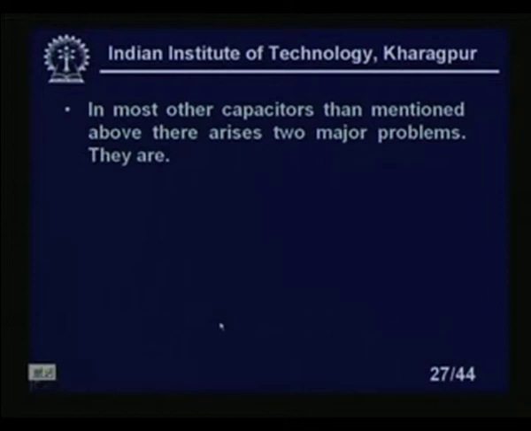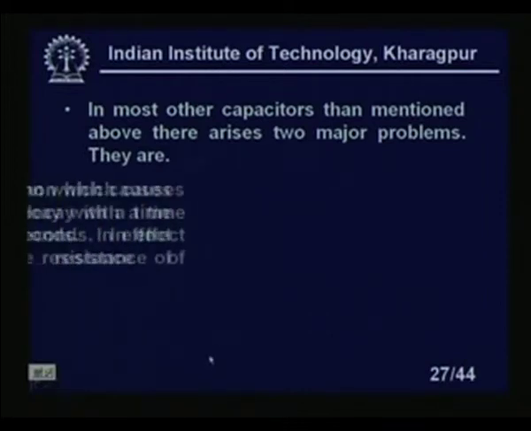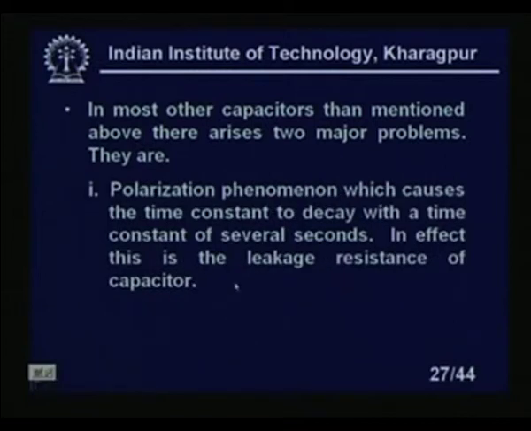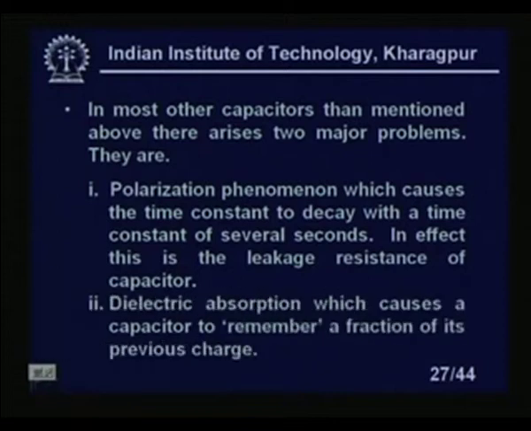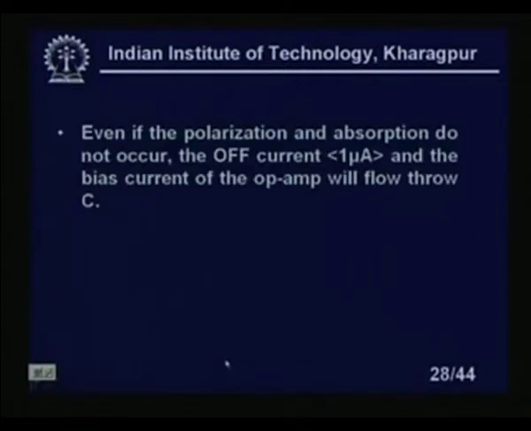In most other capacitors than those mentioned above, there arise two major problems. They are polarization phenomena, which cause the time constant to decay with a time constant of several seconds. In effect, this is the leakage resistance of the capacitor. And dielectric absorption, which causes a capacitor to remember a fraction of its previous charge, also creates a problem.